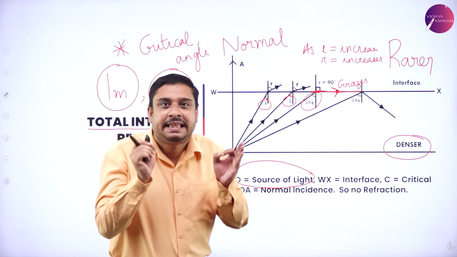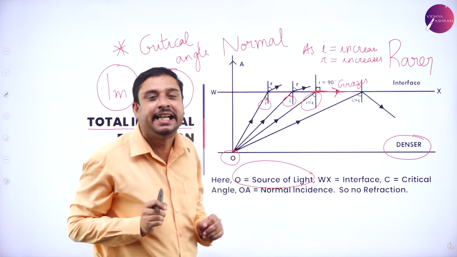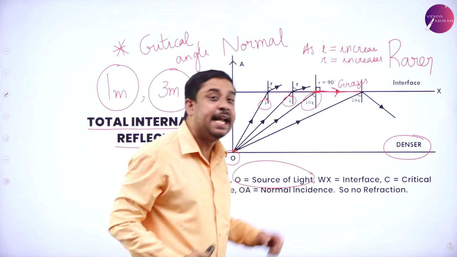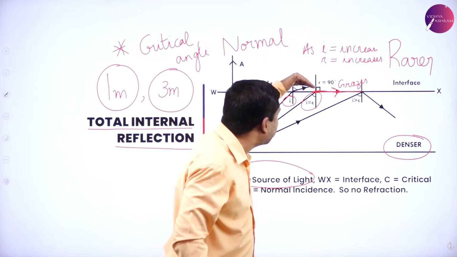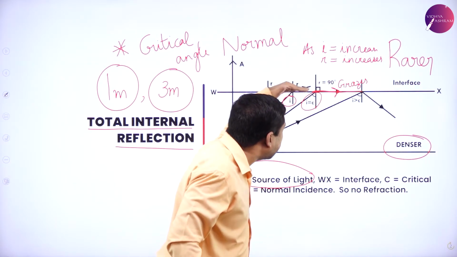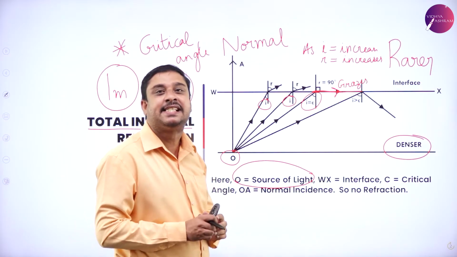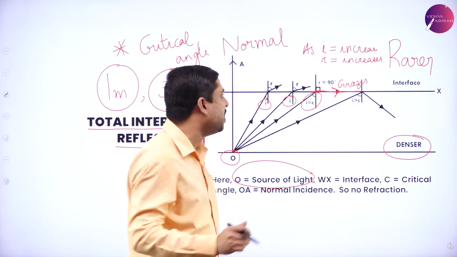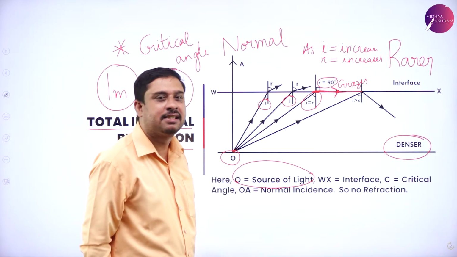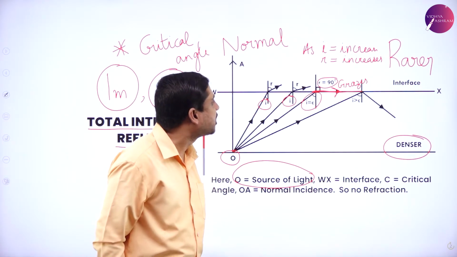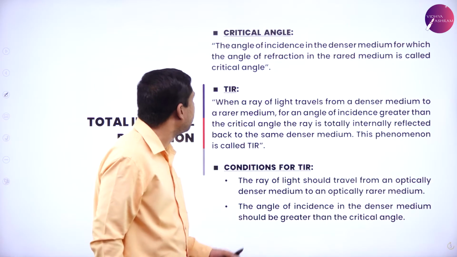It is that specific angle of incidence in the denser medium for which the refracted ray just grazes the surface, passes over the interface itself. And here, for this angle of incidence, the angle of refraction in the rarer medium is 90 degrees.